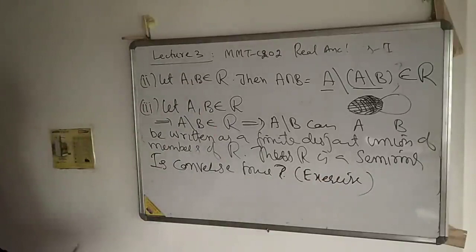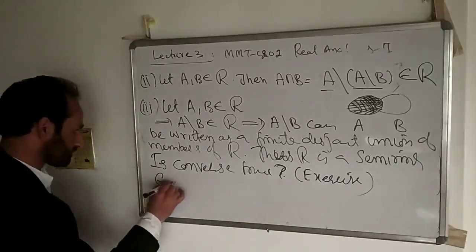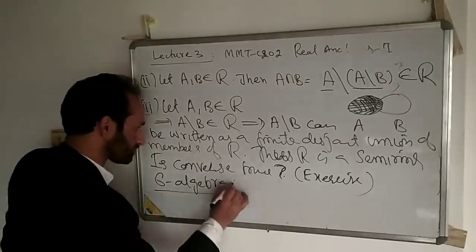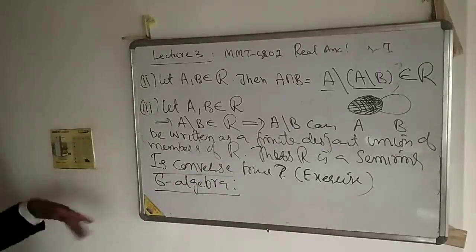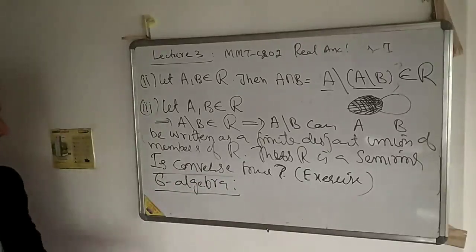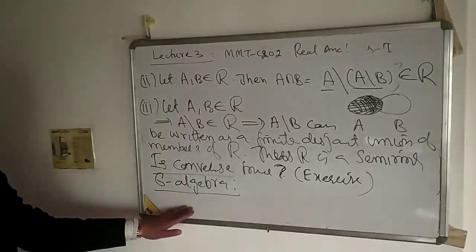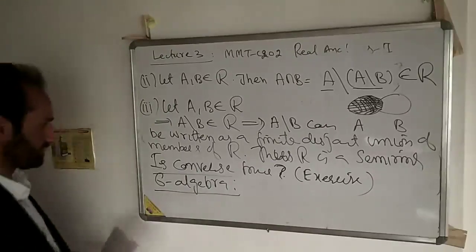Next we define Sigma-Algebra. What's a Sigma-Algebra? A Sigma-Algebra is more than an algebra. It is an algebra together with one more property, that it is closed with respect to countable union.